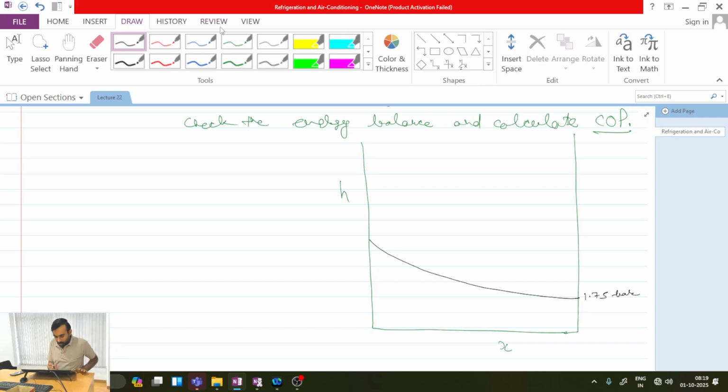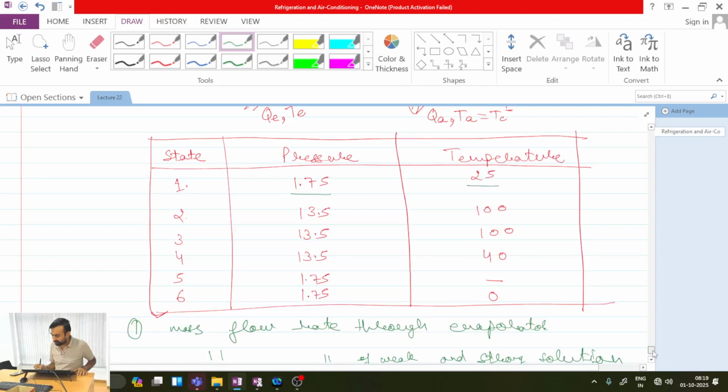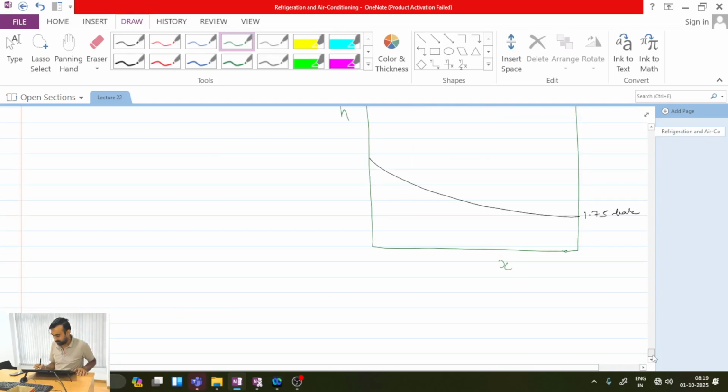Now on this line, other data is that temperature is 25 degrees Celsius. On the HX diagram you have these multiple dashed lines. Are you able to locate a line at 25 degrees Celsius which is crossing this pressure of 1.75 bar?